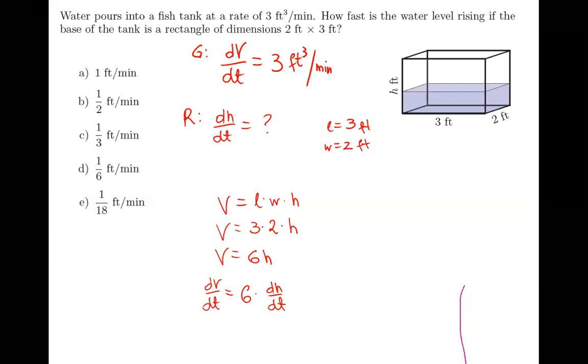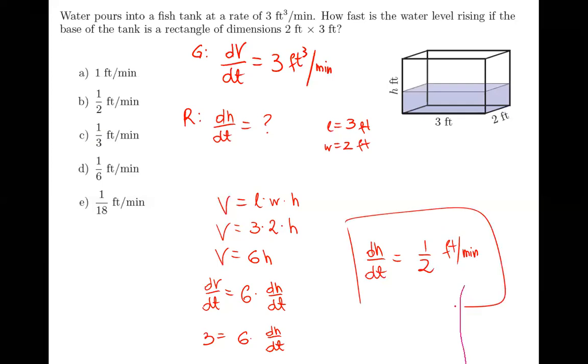Now we can substitute all of the values. The rate of change of the volume is 3, 6, and we're looking for dh/dt. That means the rate of change of the height will be 1/2, 3 divided by 6, and of course, feet per minute. Always copy the units.